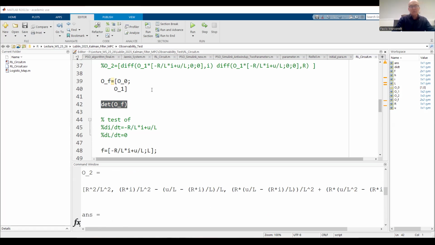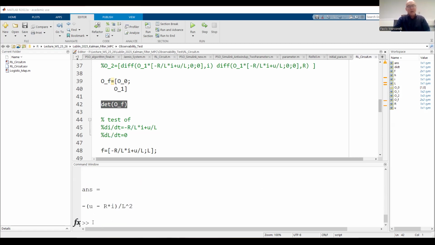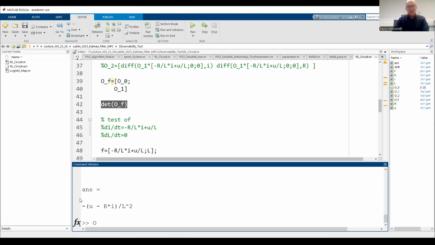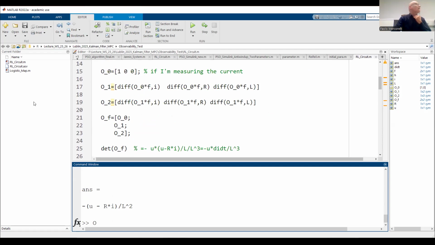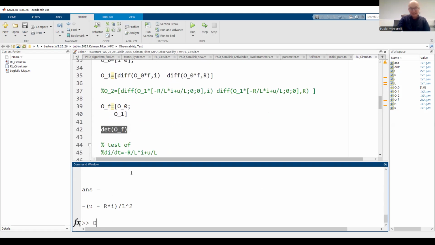If you want the observability matrix, you type OF and I can show you the matrix, but it's a little bit large, but it's not a problem. I override OF, but it basically consists of O1 A0, O2 A0, and O2, O1 A0, and O2 A0 again. Anyway, let me discuss the results.